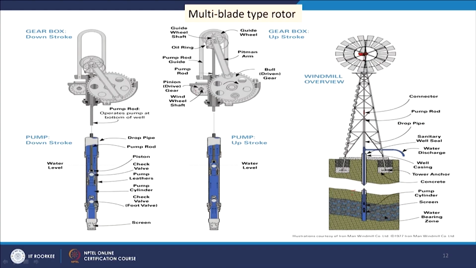This is the lower sprocket in a gearbox, and we have the driver gear. This gear diameter is larger, so RPM will be less here, and this is connected with the crankshaft. The crankshaft arrangement helps give vertical movement to the pump rod, so that it helps to get the water out for pumping purposes. That was the initial application of this multiple blade type rotor.